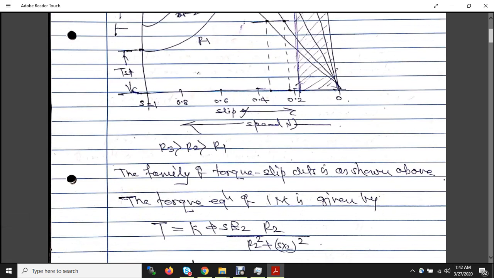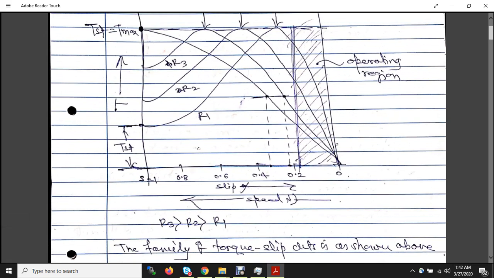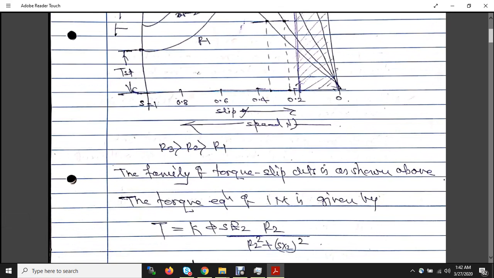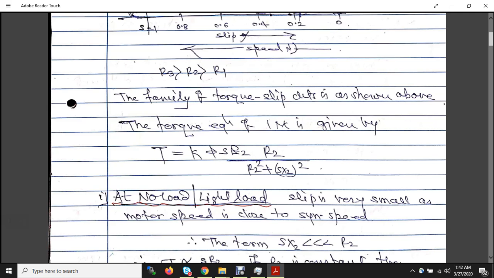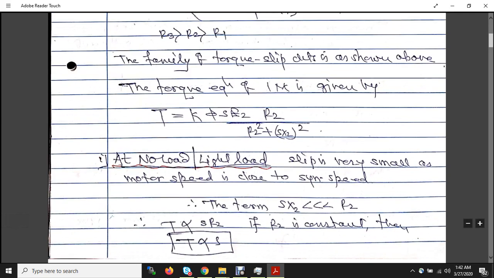Let us see the torque equation. Torque equal to K phi S E2 R2 upon R2 square plus SX2 square. At no load or light load condition, the slip is very small as the motor speed is close to synchronous speed, and therefore the term SX2 becomes negligible as compared to R2, and therefore torque is directly proportional to S upon R2.